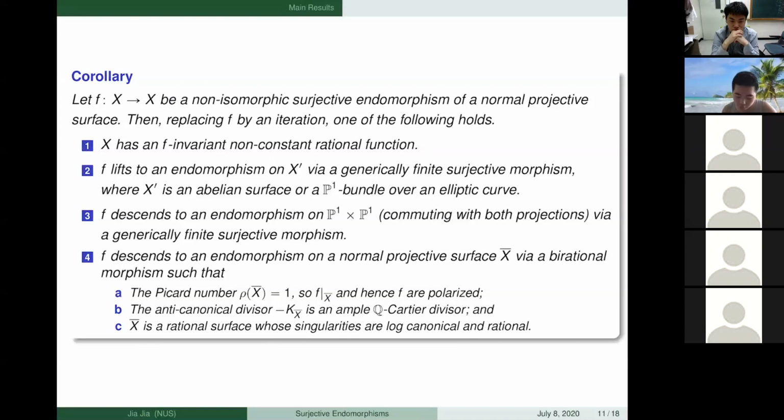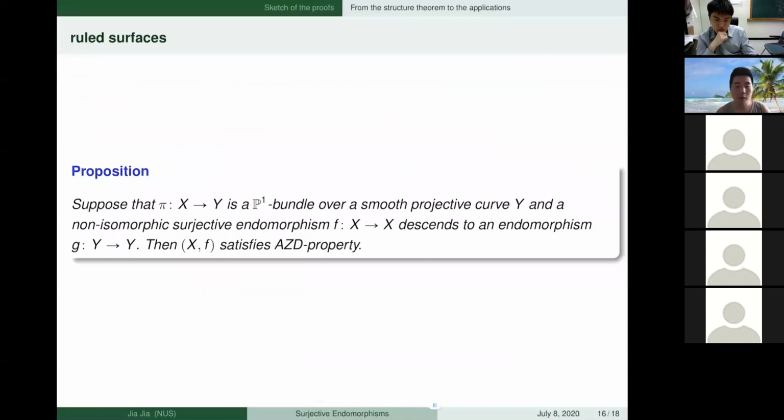In that case, we know this F on X bar is polarized. In particular, this F on X bar is int-amplified. Now we will show the SAZD property holds in that case. The first proposition is the ruled surface case.